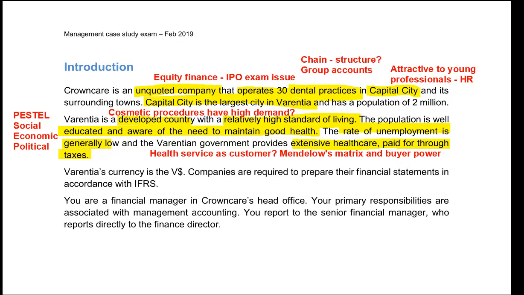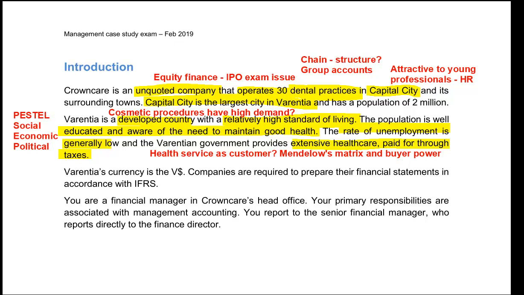Now, Mendelow's matrix and Porter's five forces, where we find buyer power, are typically going to be in the E2 syllabus, whereas PESTLE is predominantly found in the P2, and then of course things like group accounts are in F2. So already we have a variety of coverage of the syllabus in potential topics. Anyway, let's move on to another F2 potential topic.